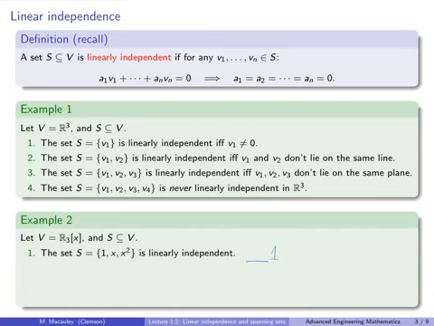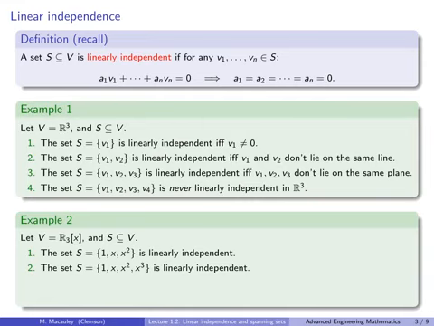So something times 1 plus something times x plus something times x squared equals 0. There's only one way to do that. The only way that that's going to work is if you put a 0 there, a 0 here, and a 0 there. So that's exactly what it means for these 3 vectors to be linearly independent. Notice this is a slightly different notation from my definition up here, but it says exactly the same thing.